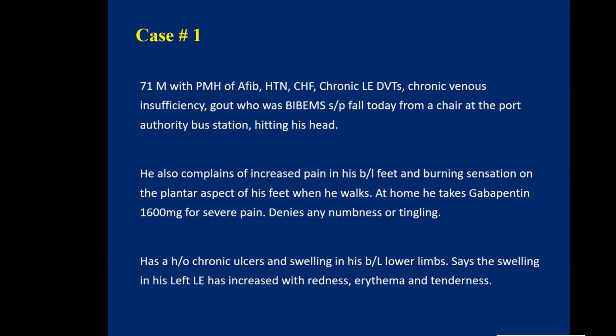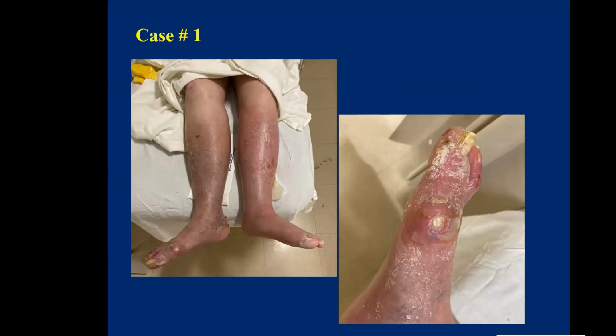And because he had DVTs bilaterally, he was diagnosed with post-phlebitic syndrome, and he had long-standing swelling, redness of his lower extremities, some pain, desquamation. So he had some chronic changes.